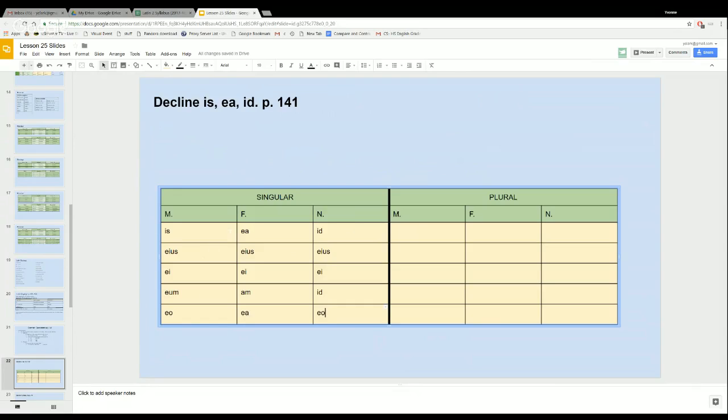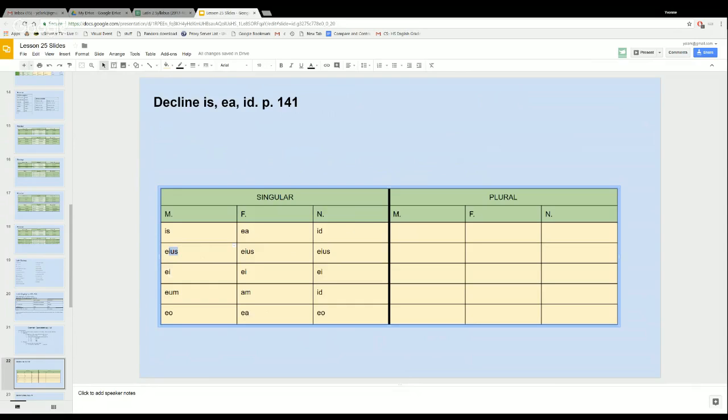Okay, so far what we've done is id, eos, eas, ea, eorum, id, eo, eo. Are there any similarities to the way we've declined stuff so far? In other words, are there any similarities between first and second declension, third declension, any whatsoever? For example, have you guys seen this ending before, eius?